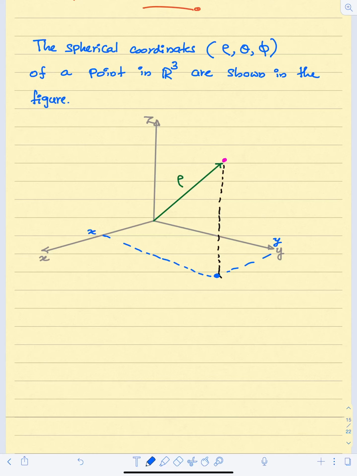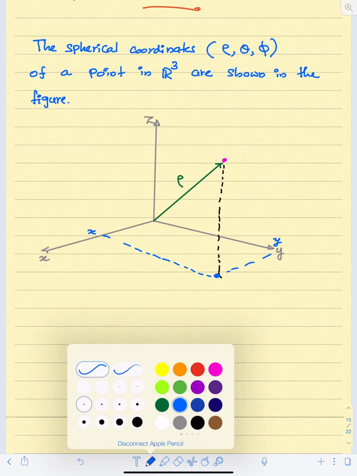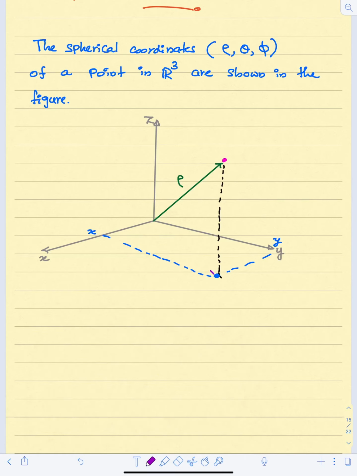Okay, now if you project this pink point to the xy plane, you will get this blue point. Now let's connect this blue point and the origin. Again, this blue point is on the xy plane.